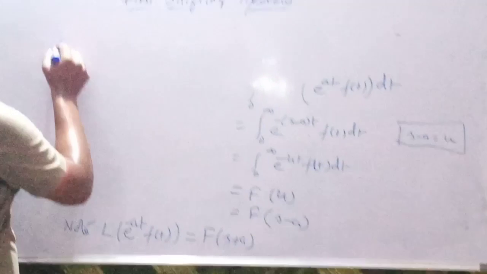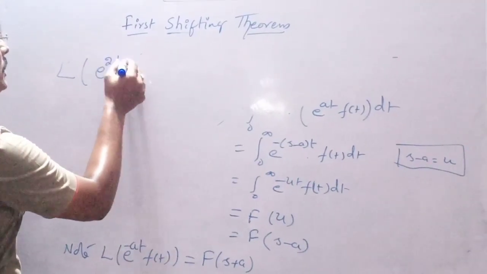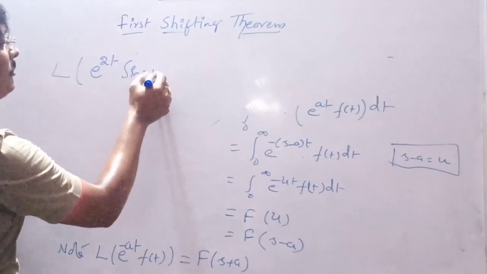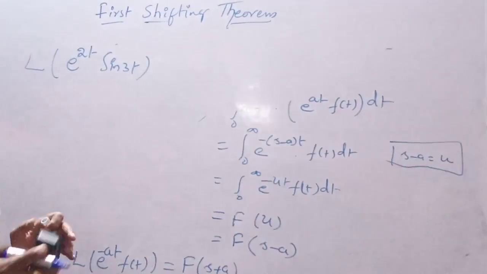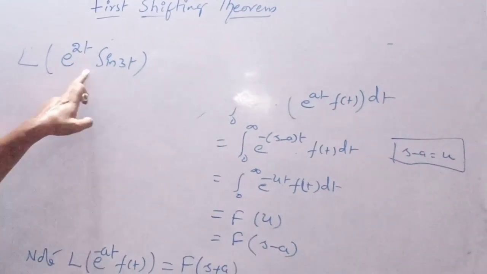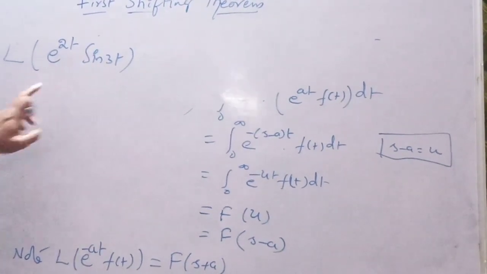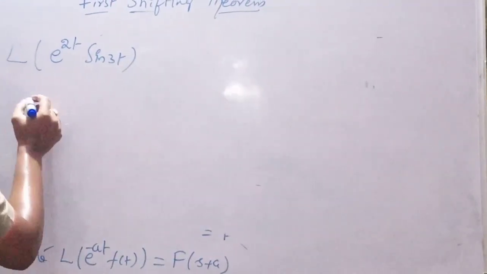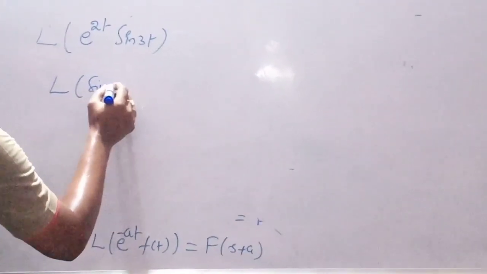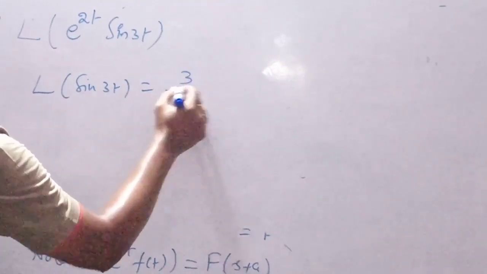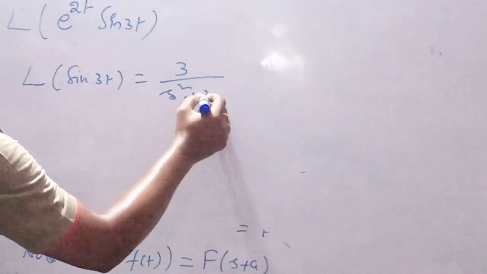For example, find the Laplace transformation of e to the power of 2t into sine 3t. Before that, we know the Laplace transformation of sine 3t is 3 by s square plus 3 square.